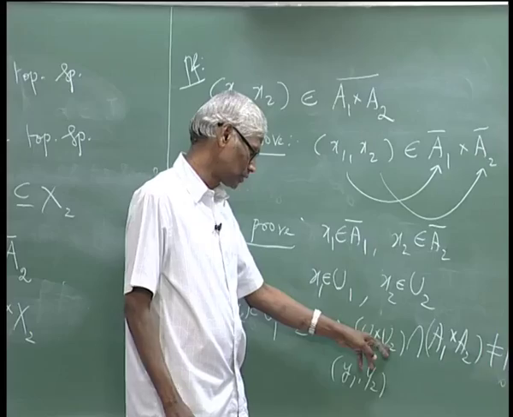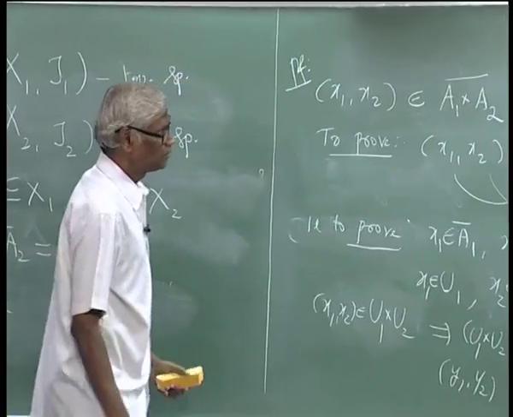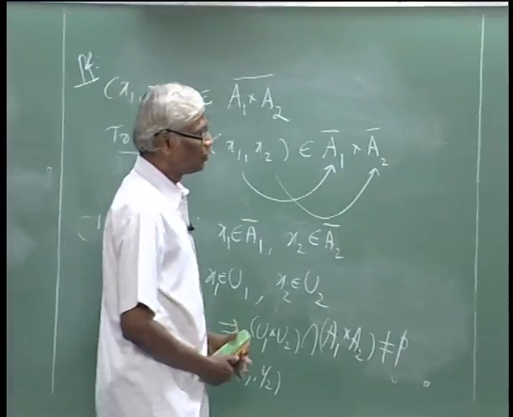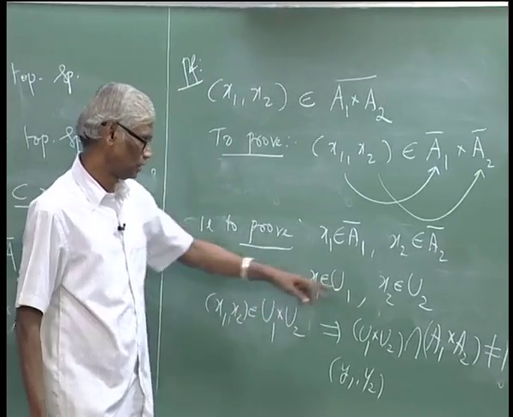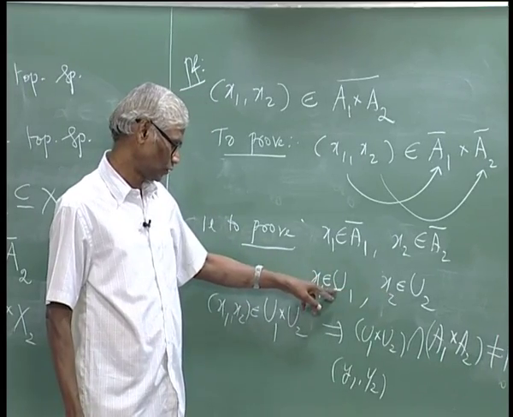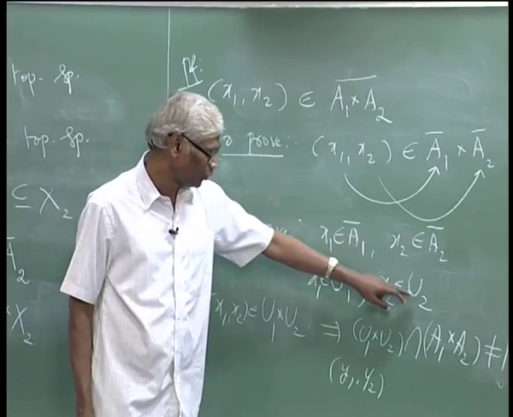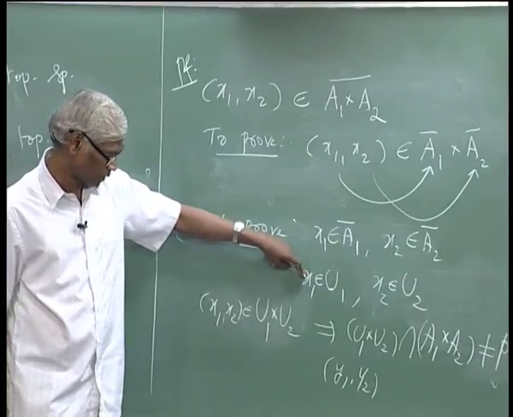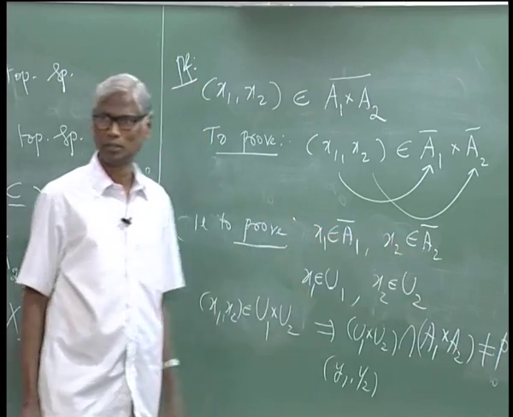Similarly, y2 is in U2 intersection A2. So, that means if we start with an open set U1 containing x1, U2 containing x2, then we can prove that U1 intersection A1 is non-empty, U2 intersection A2 is non-empty, that will imply x1 belongs to A1 closure and x2 belongs to A2 closure.